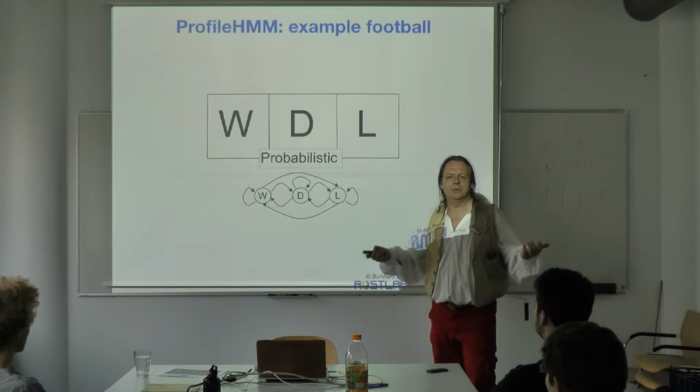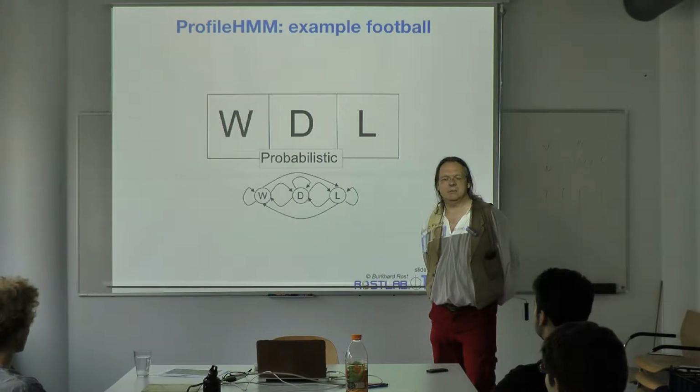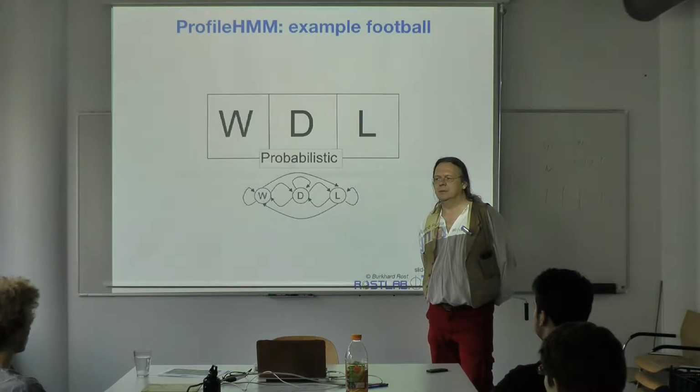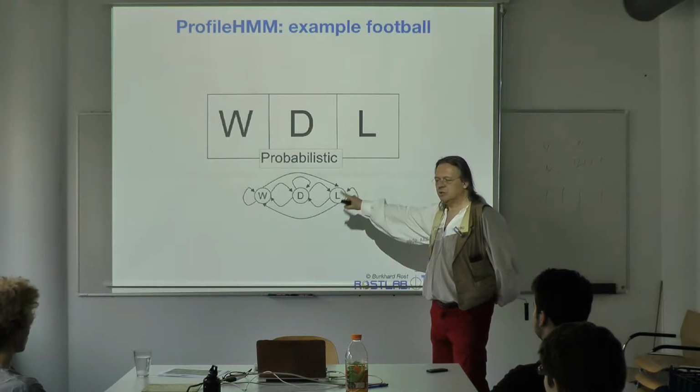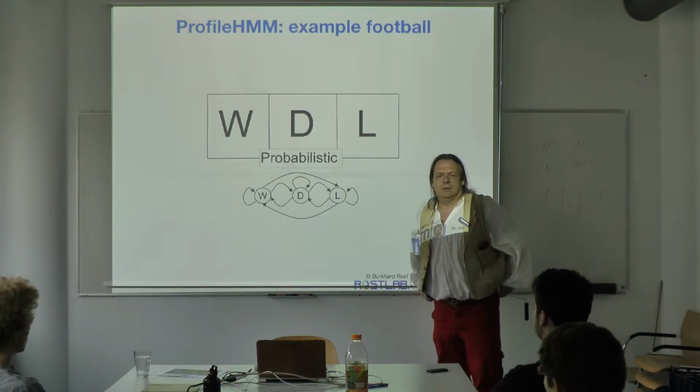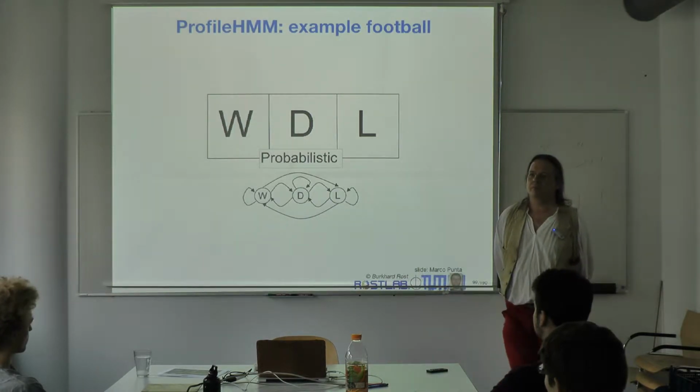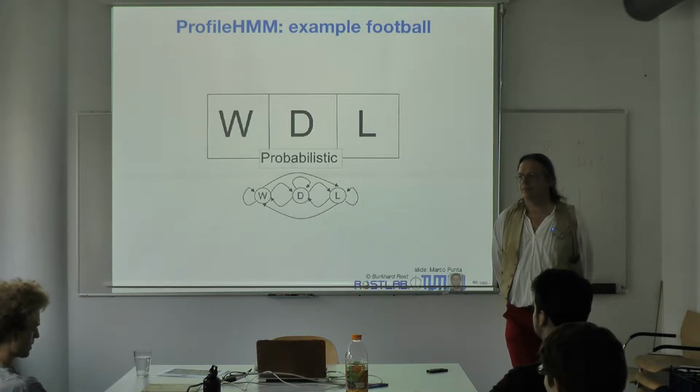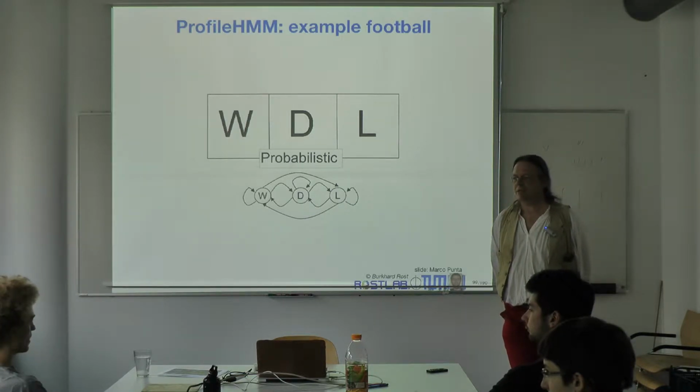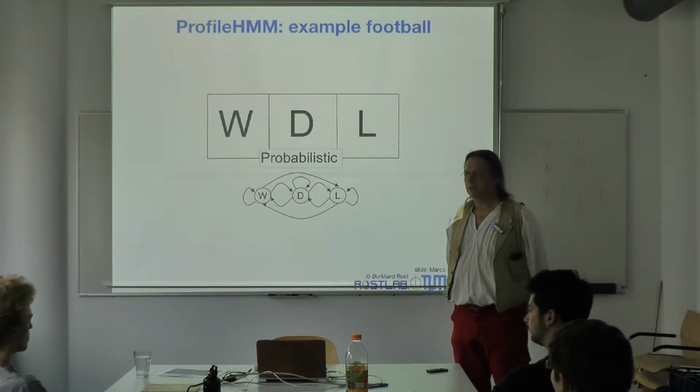A zero-level estimate, prediction, or model. How would you initialize the transition probabilities here? It's very simple. You can just count how many times they won, how many times they lost, how many times they drew.